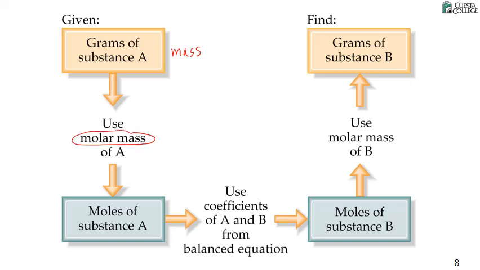Then the number of moles of that substance can be related by the coefficients from the balanced equation to relate moles of substance A to moles of substance B, just like we just did with H2 to H2O. And then if one needs to calculate the mass of the product, substance B, then one could use the molar mass of B to convert moles back to grams.